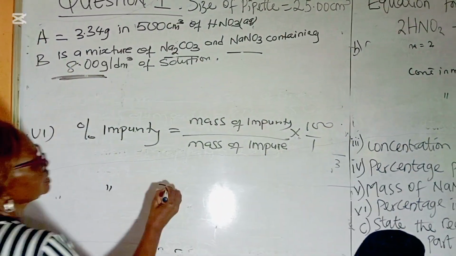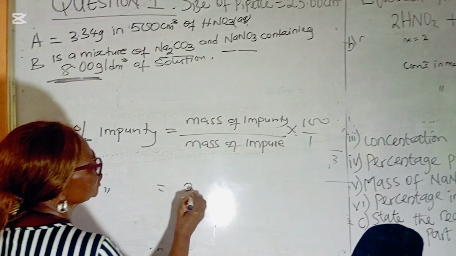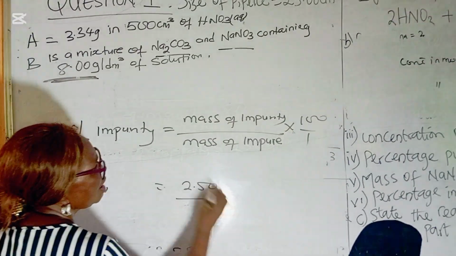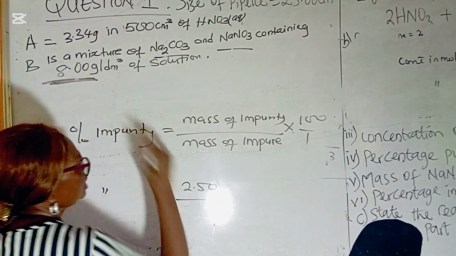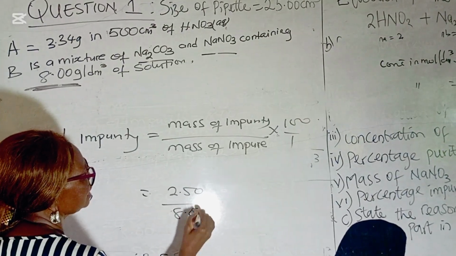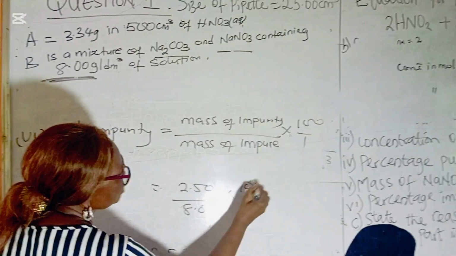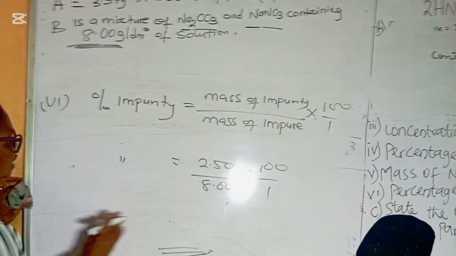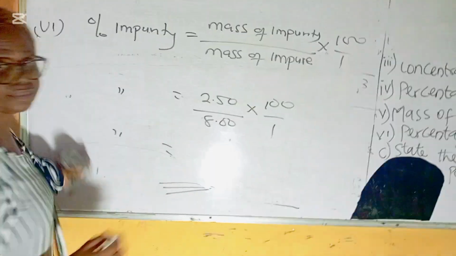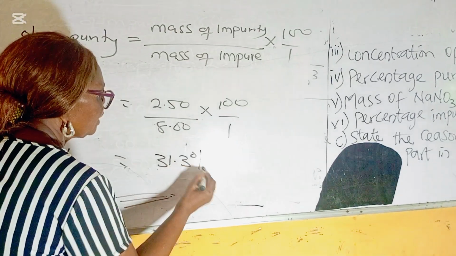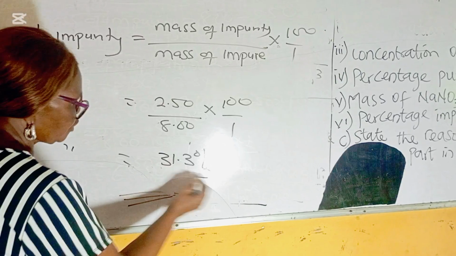Mass of impurity is 2.50. Mass of impure is 8.00 times 100 over 1. Then what is your answer? 81.3%. You have to approximate some figures.